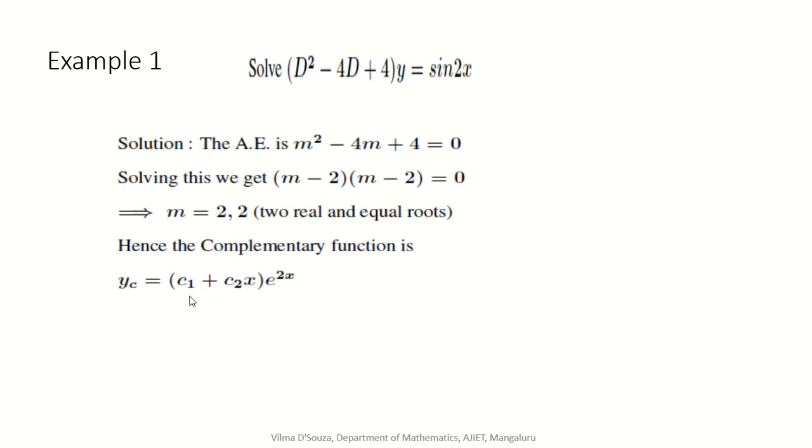So once you get the roots of the auxiliary equation, write down the complementary function. Since the roots are repeated, you will get the constant as c1 plus c2x, and here the term corresponding to m is equal to 2. So your complementary function is yc is equal to c1 plus c2x into e power 2x. Now what is your yp?